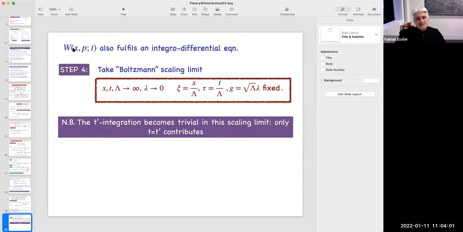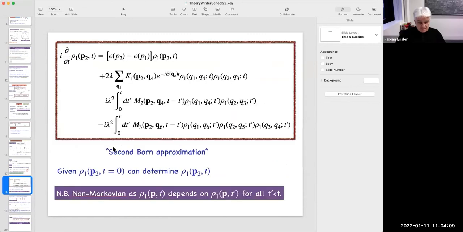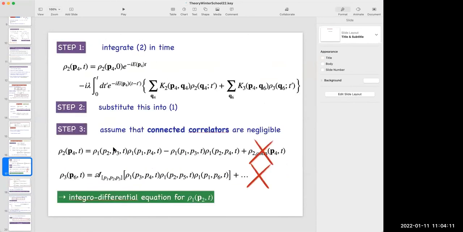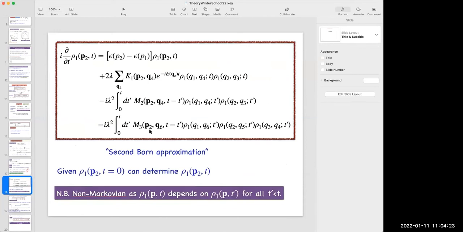Just one question, about the truncation. You've only taken the first two reduced density matrices to get this truncation. So you mean here? Yes. In principle, a very good question.